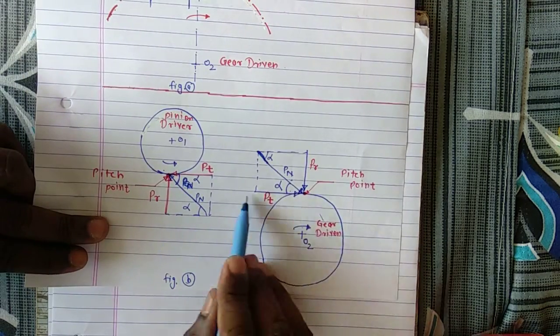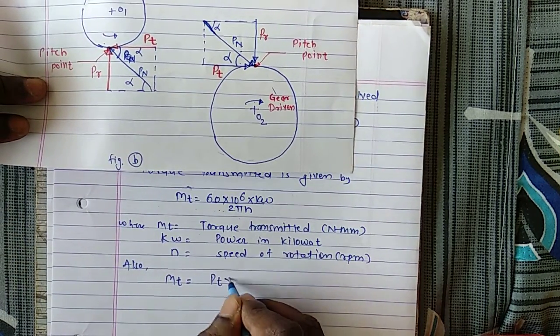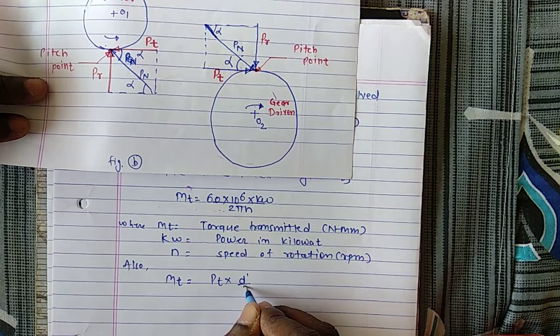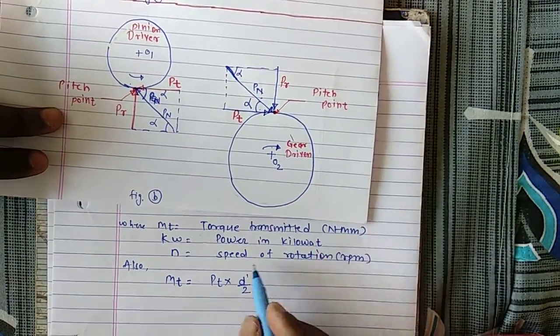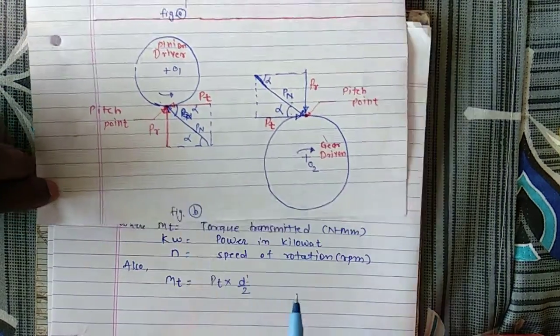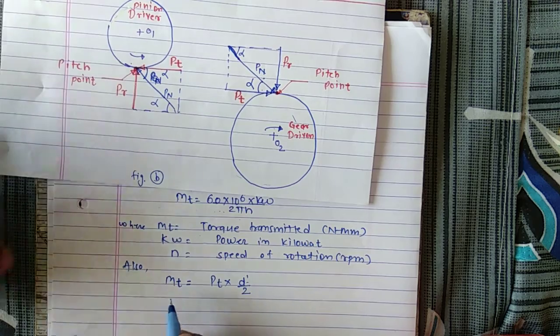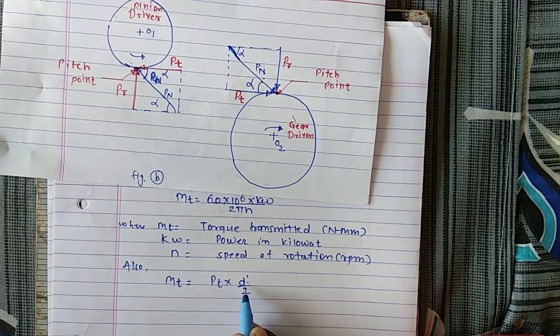This is applicable for gear as well as for pinion. If you are doing it for the gear, add the suffix G. If you are doing it for the pinion, add the suffix P. So I have written the general term: Mt is equal to PT into d dash by 2, tangential force into perpendicular distance, where d dash is the pitch circle diameter.